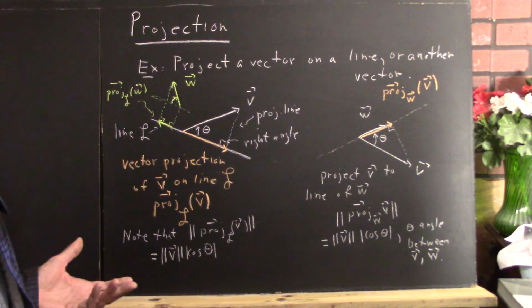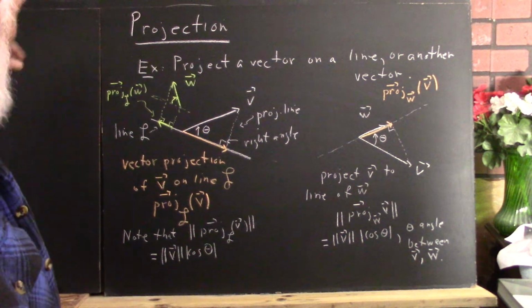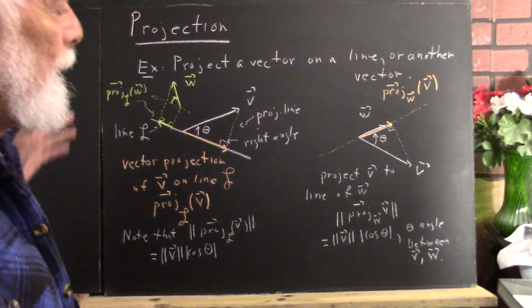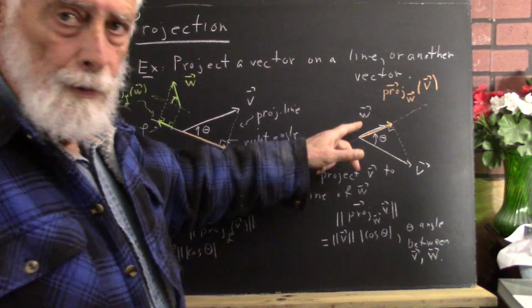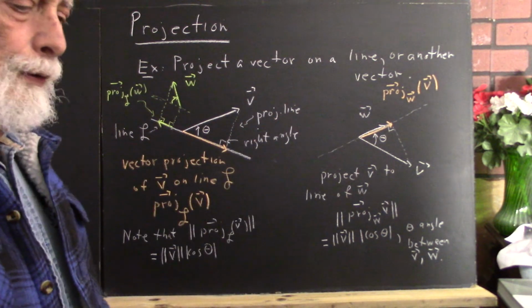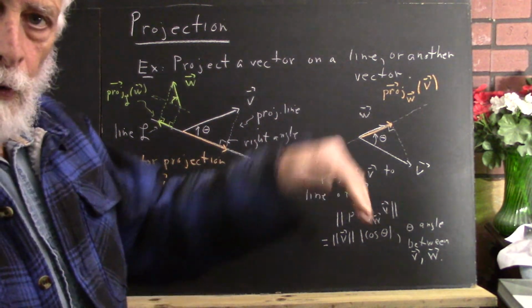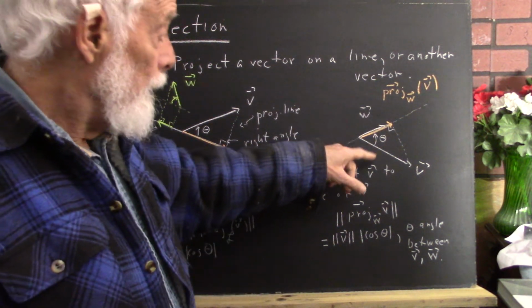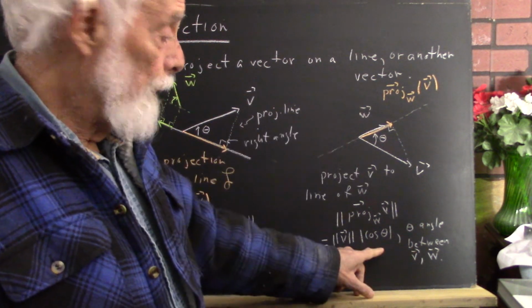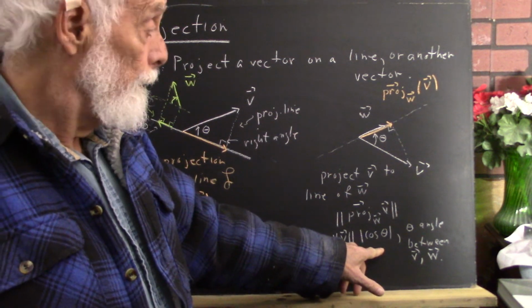Now there's another connection I'm going to talk about. If we know the components of V and W, it turns out that we can use the product of a row with a column and calculate this without ever having to worry about what theta is.